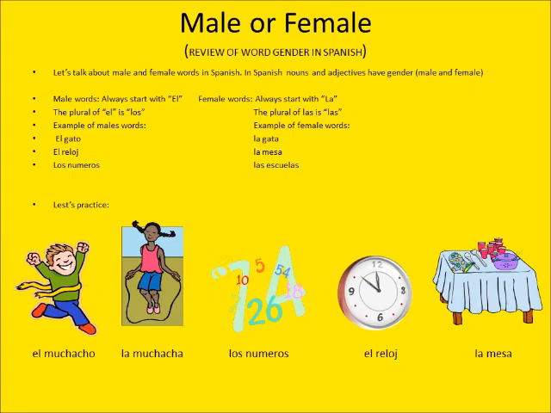However, in Spanish that's a female word. Why? Because it starts with la. We know it's a female word, and most of the female words end in a. We have las escuelas. That is also a female word, but it is in the plural form.